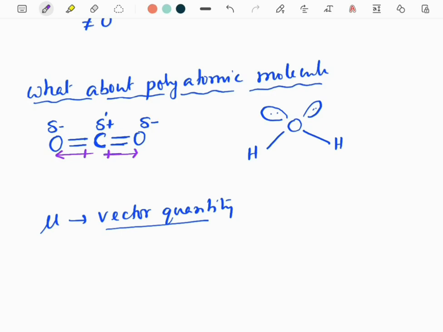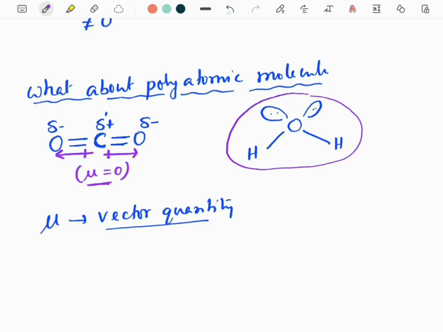Both the bond moments are equal in magnitude and opposite in direction, so they will cancel each other, and the resultant dipole moment mu will be equal to 0. So in case of a symmetrical polyatomic molecule, or a polyatomic molecule where the bond moments of all the bonds cancel each other, the dipole moment will be equal to 0.